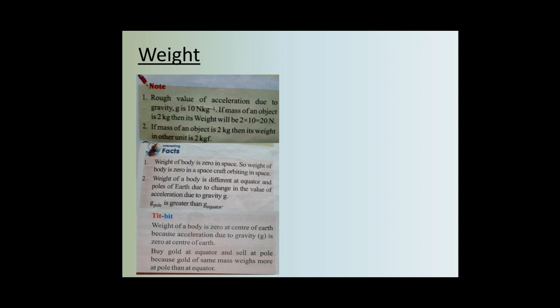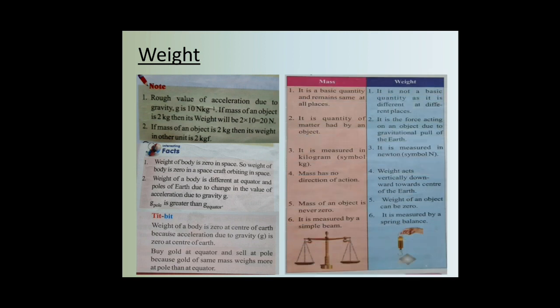So the gold weight will be 0 at the equator. You will have more gold in lesser weight, and when you take the same gold to the poles, it will weigh more because of the greater gravitational pull, right? That's why they say buy gold at the equator and sell at the poles.